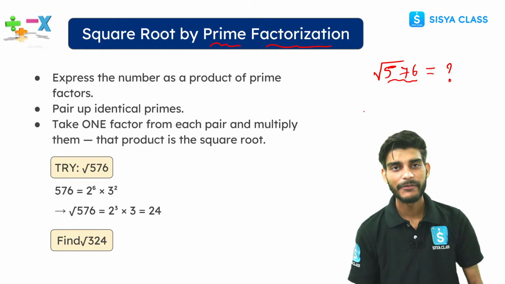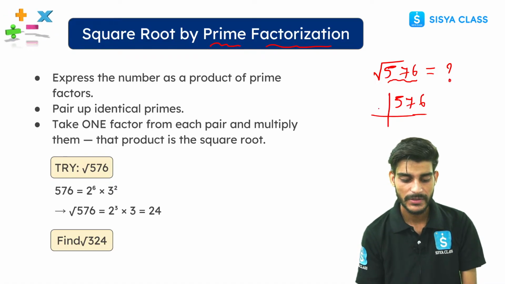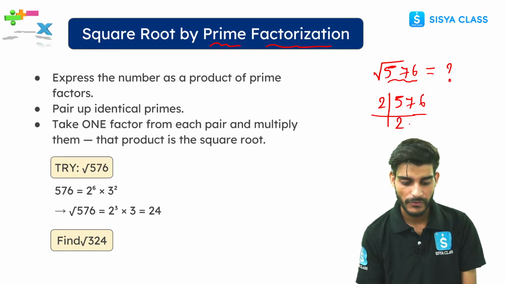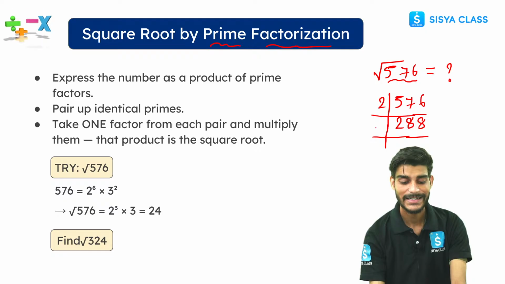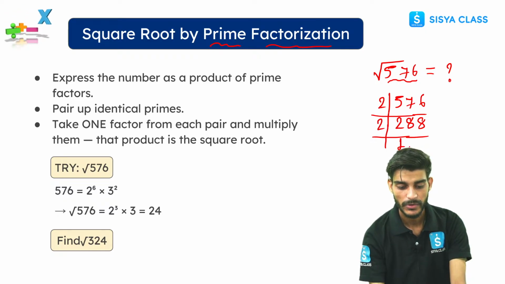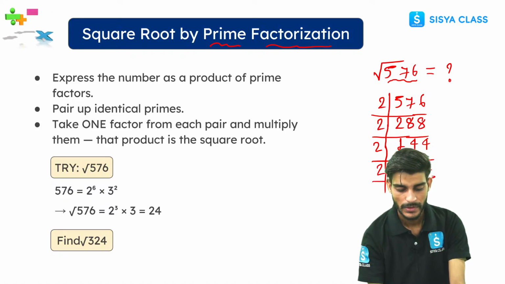So we have 576, right? Try to break it. Which is the smallest prime number? Everyone knows, 2. So if I divide it by 2, we get 288: 2 twos are 4, 2 eights are 16, 2 eights are 16. Please check. Once again with 2, we get 144. Again with 2, 72. Again with 2, 36.